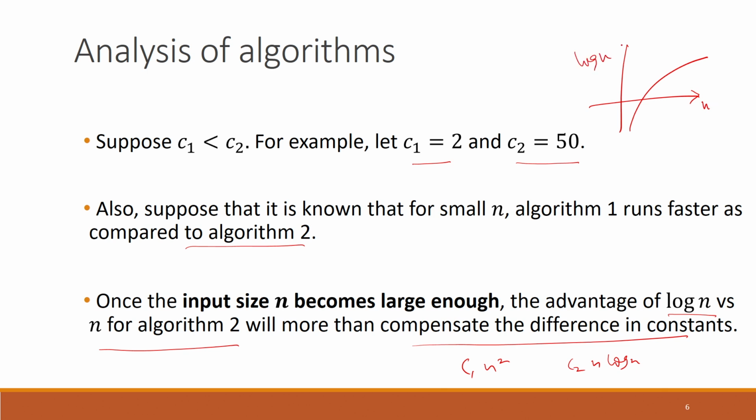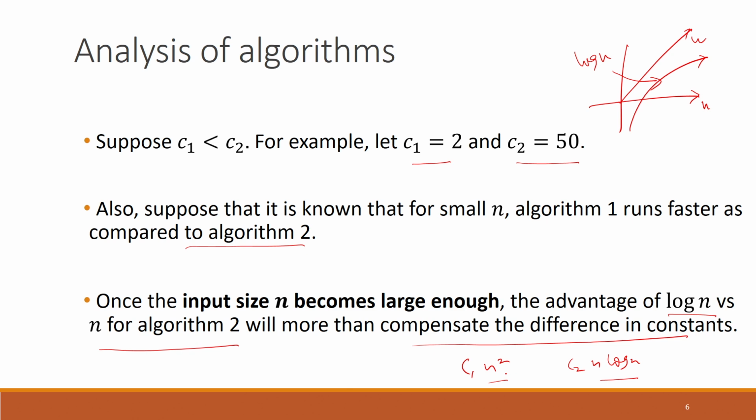This grows at a slower rate as compared to the function n. So, this is the function log n and this is the line y equal to n. Log n grows at a slower pace as compared to the function n. Therefore, the function n log n will grow at a slower rate as compared to n square.